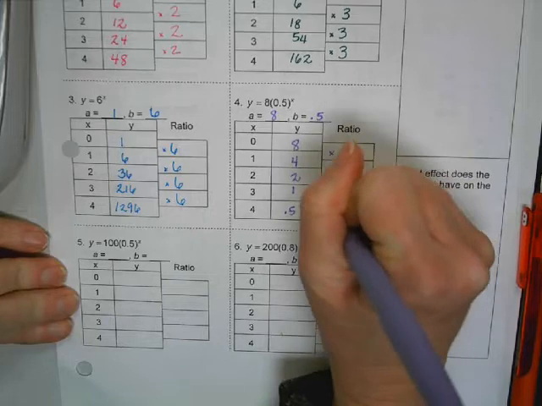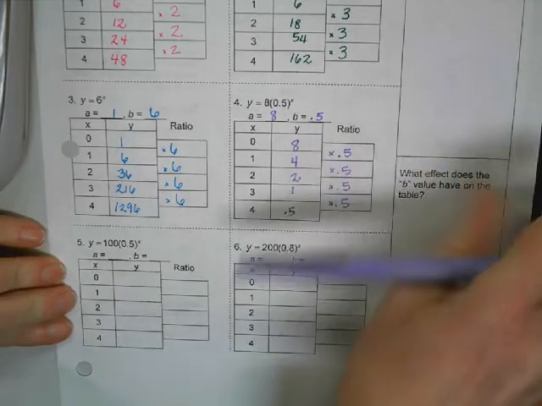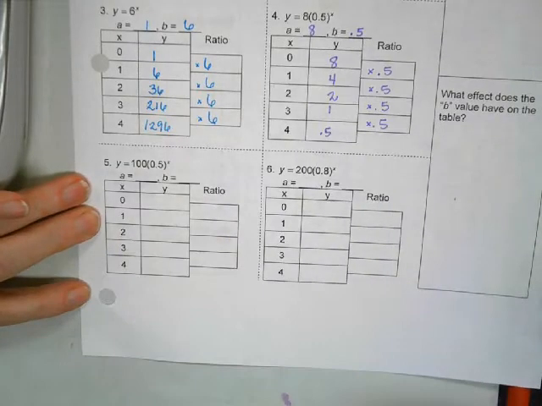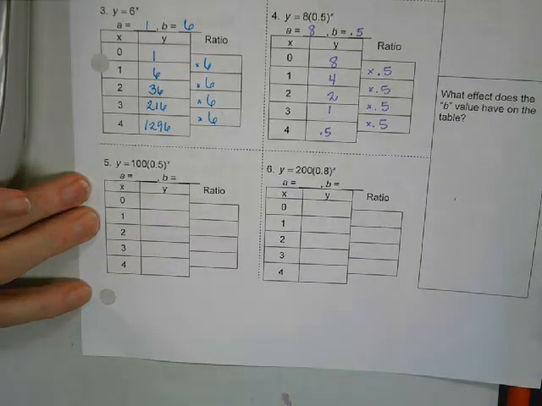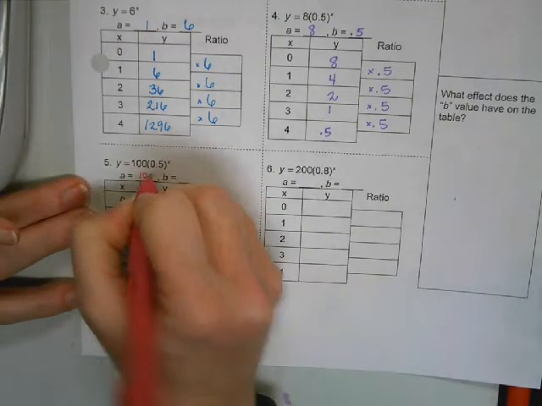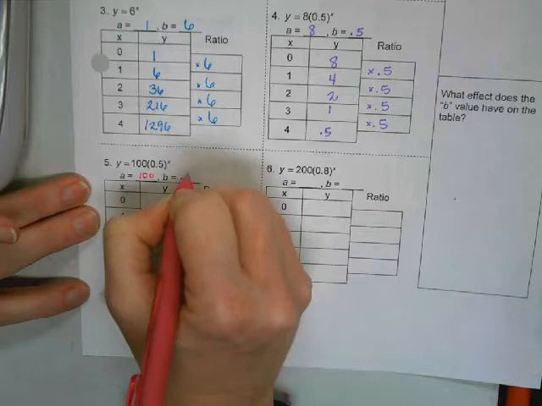Okay, so without plugging it in the calculator, can you tell me what your a and your b value are and fill in the table for this next one? Without plugging it in? All right, our a value is 100. B value is 0.5.